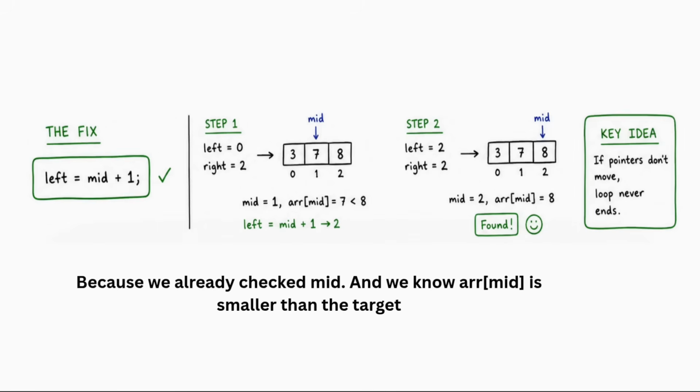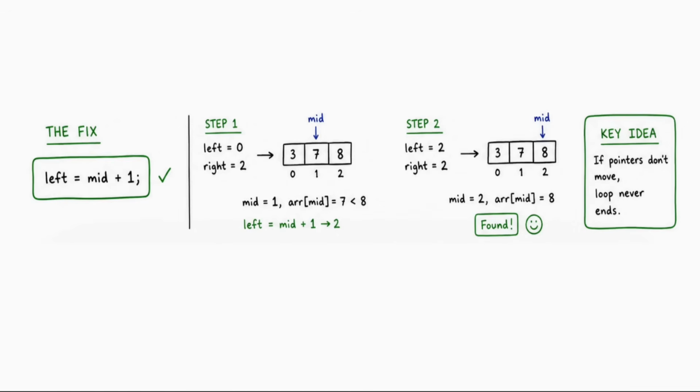So we know the value at mid is smaller than the target. So instead of assigning mid, assign mid plus 1 to left. So we have seen how this small mistake makes our algorithm stuck in an infinite loop.